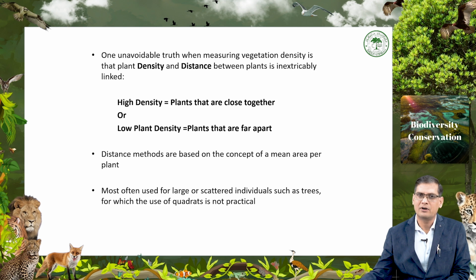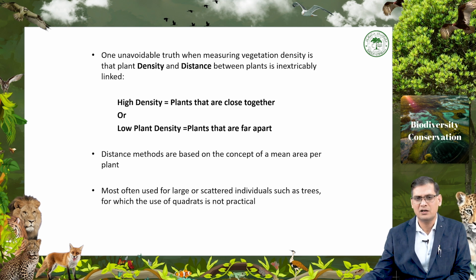One unavoidable truth when measuring vegetation density is that plant density and distance between plants are inextricably linked. High density means plants are close together and the distance between them is less, while low plant density means plants are far apart from each other and the distance between them is more.